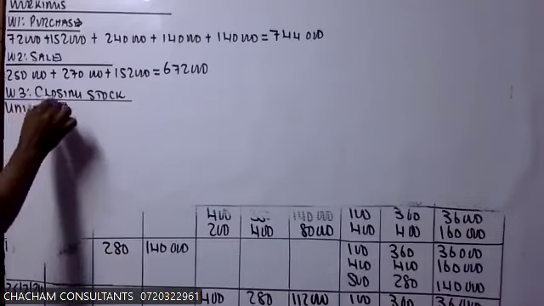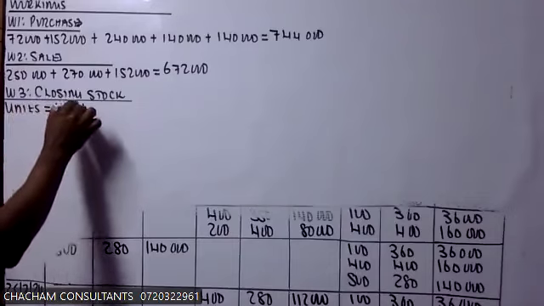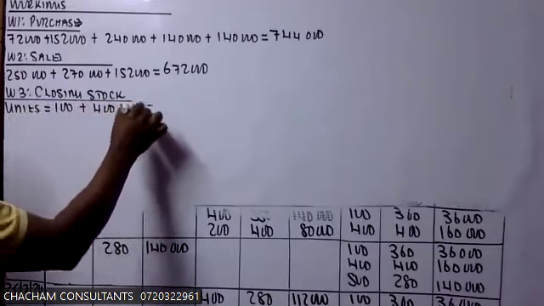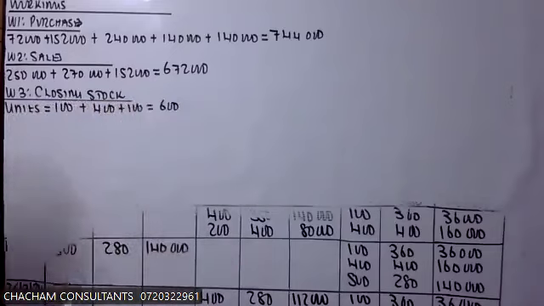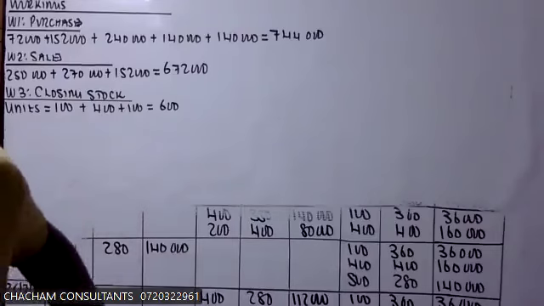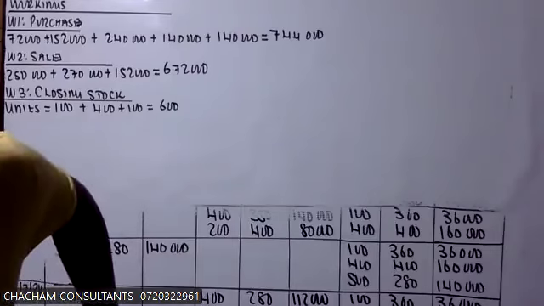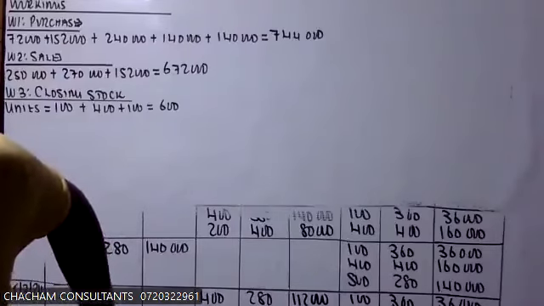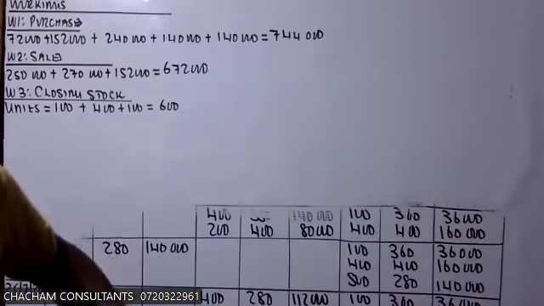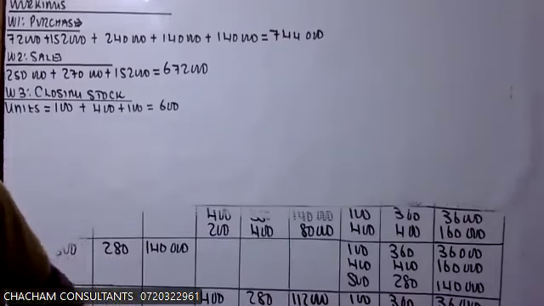They were 100 plus 400 plus 100, so they are 600, but the examiner had told us that they were 500.